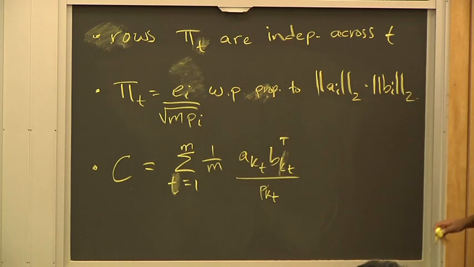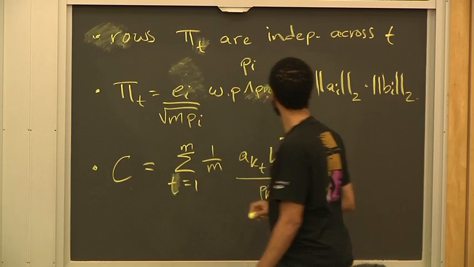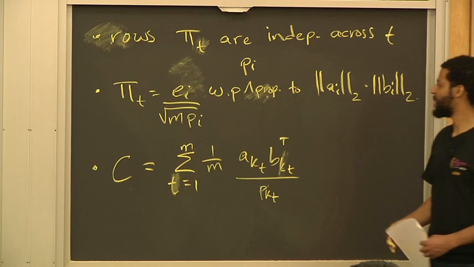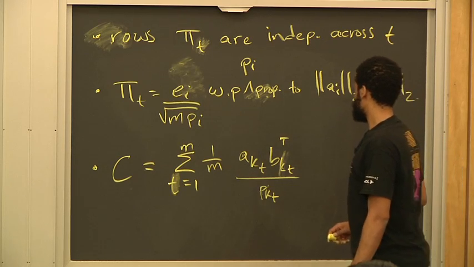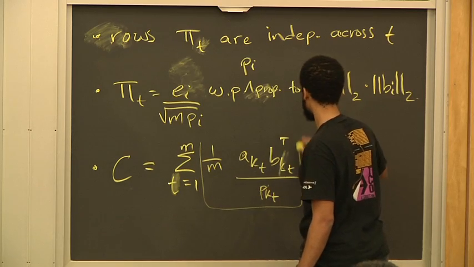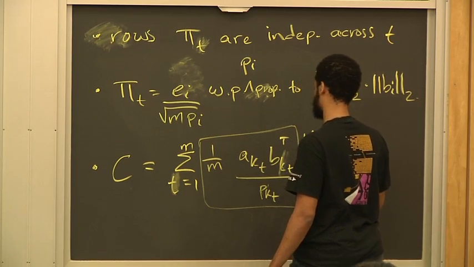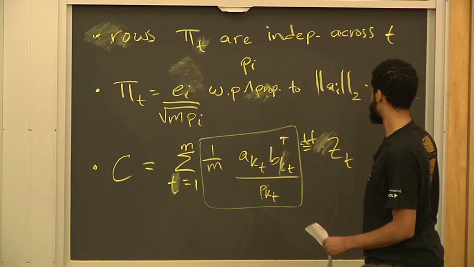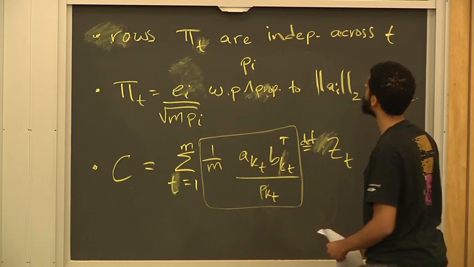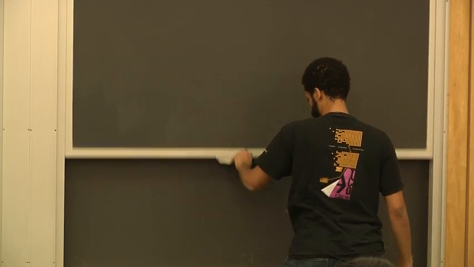What is p? The probability that you sample row i is p_i.